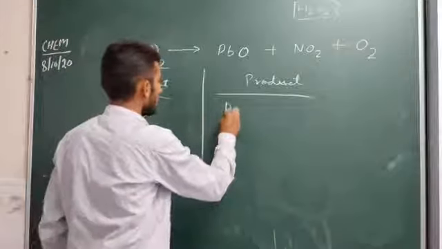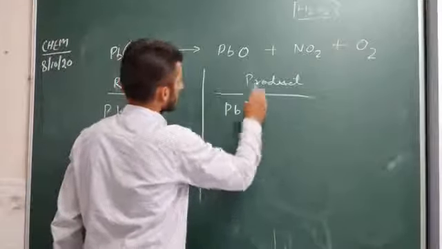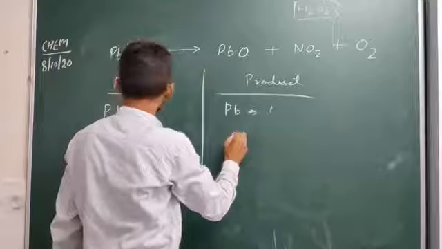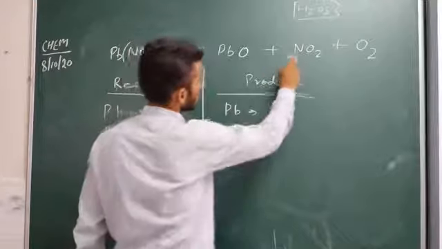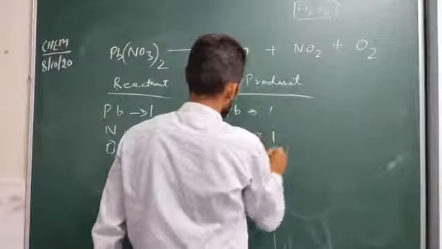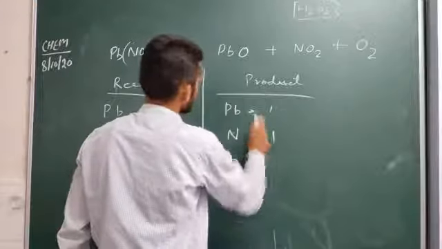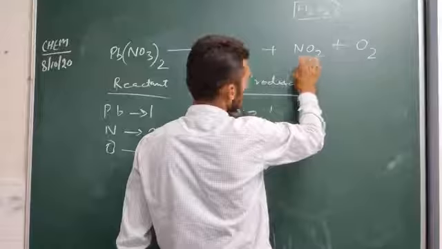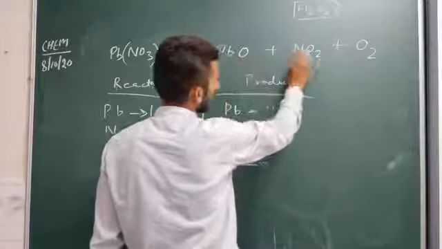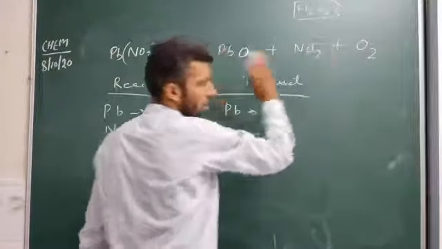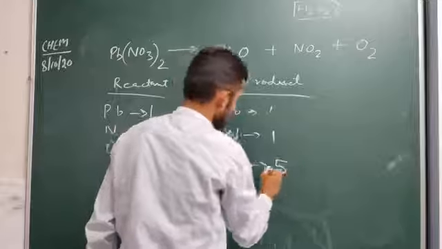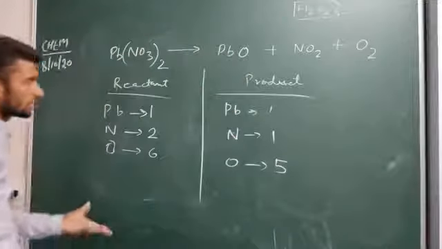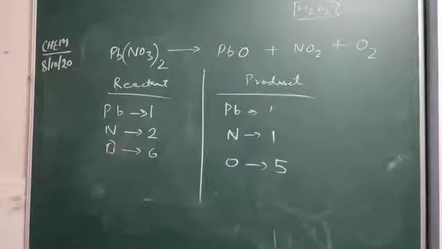Now on this side, Pb is 1, N is 1, and O is 1, 2, 3, 4 plus 1, so it is equal to 5. Clear? Now lead is balanced, the rest need to be balanced.